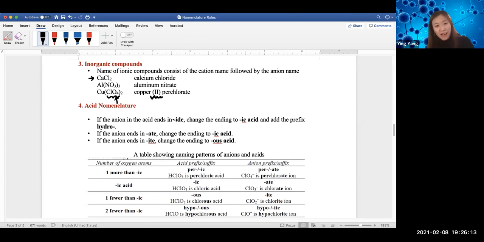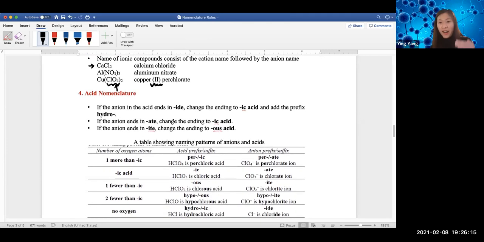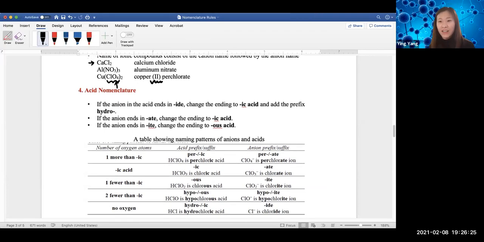And moving down, we have naming for acids. Actually, we haven't talked about acids yet. We are going to talk about acid-base reactions in this class later on. But for now, here we just define an acid as a compound that starts with hydrogen, right?